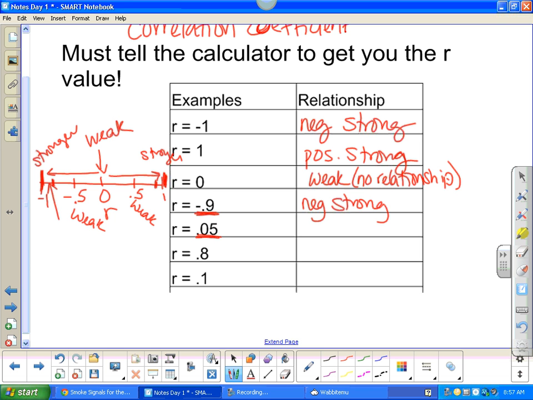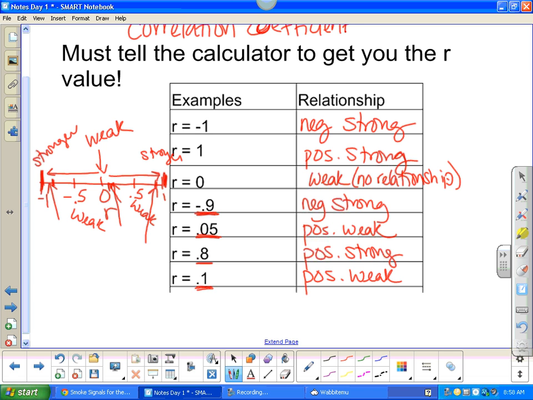Well, it's positive, so it's on the positive side. 0.05 is going to be about right there, and that's really, really close to 0. So this would be a positive, weak relationship. 0.8, again, would be about there. So that's a positive, strong relationship. 0.1, again, positive, but 0.1 is going to be about there. So it's positive, but it's weak.